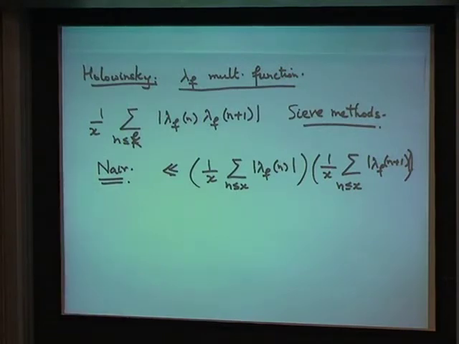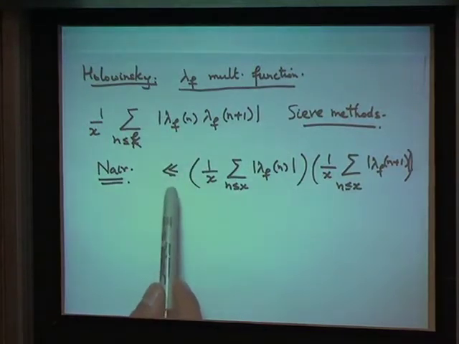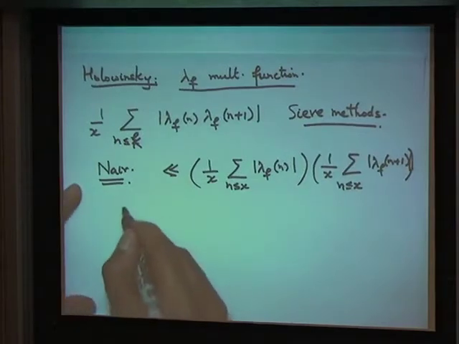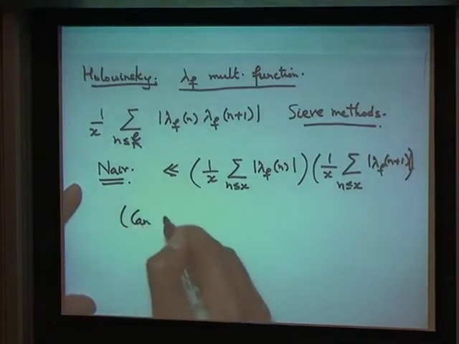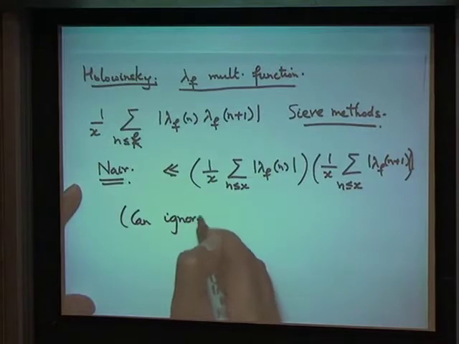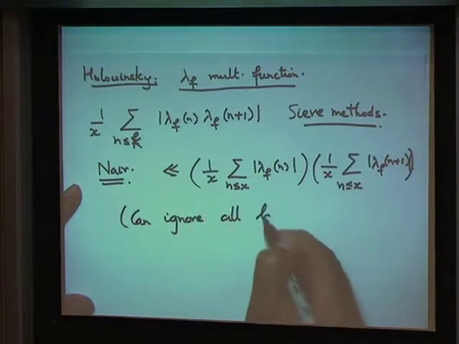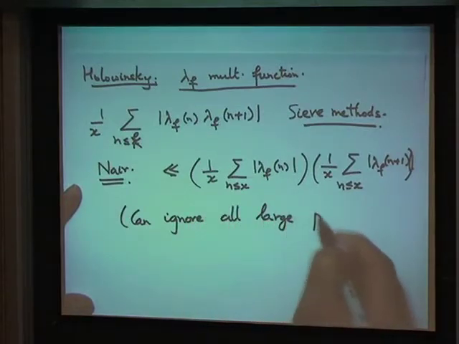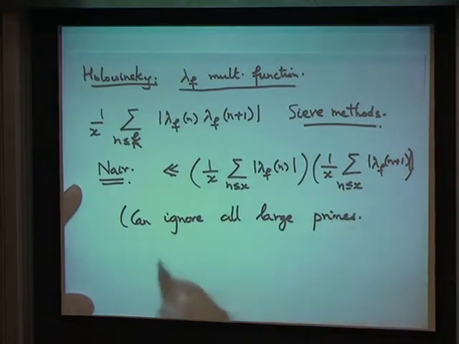There are at most 100 of them that you forget, each one of them at most 2. So you'll be off by something like 2 to the 100, but that's just a constant which I absorb here. So the idea is that you can ignore all large primes because of Ramanujan.